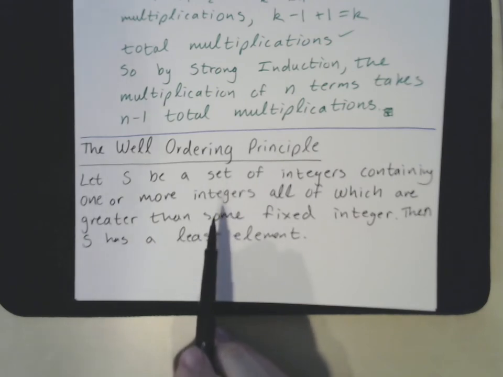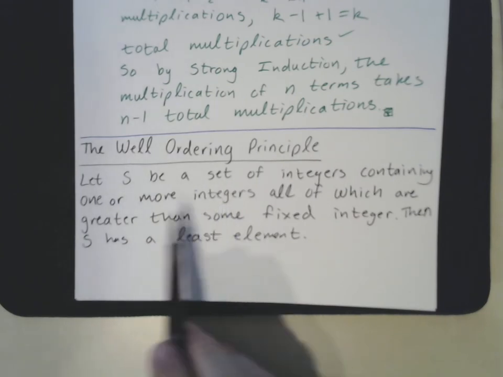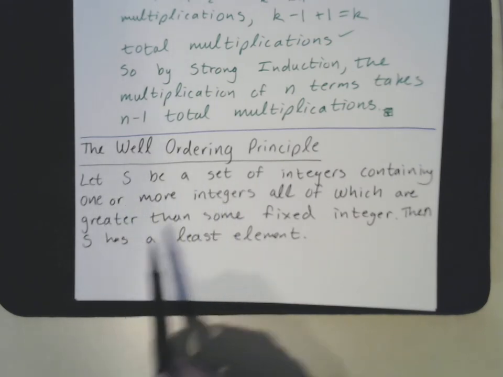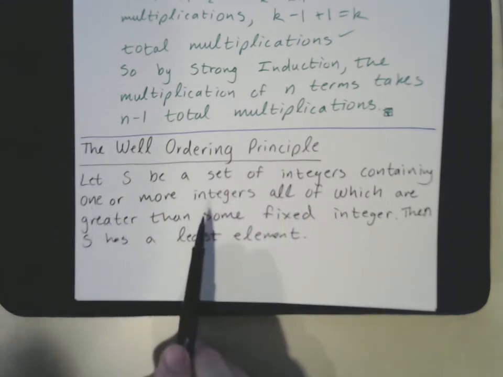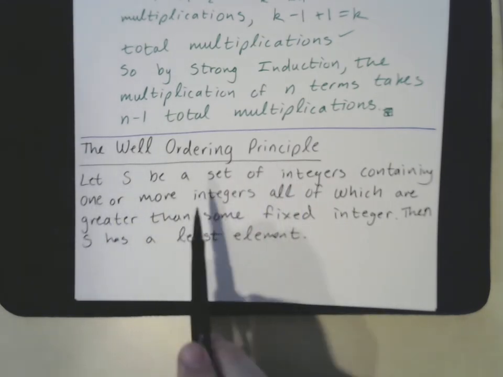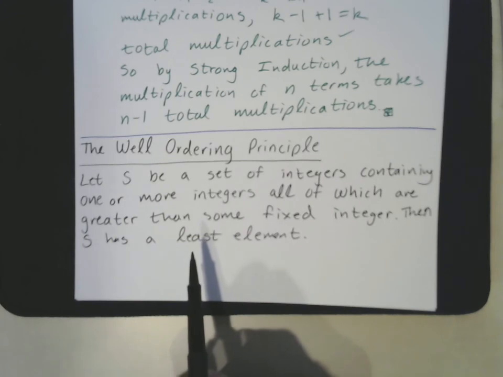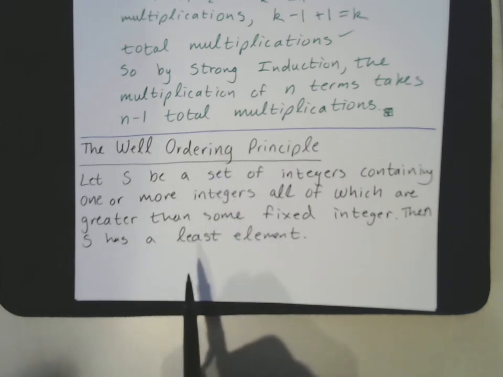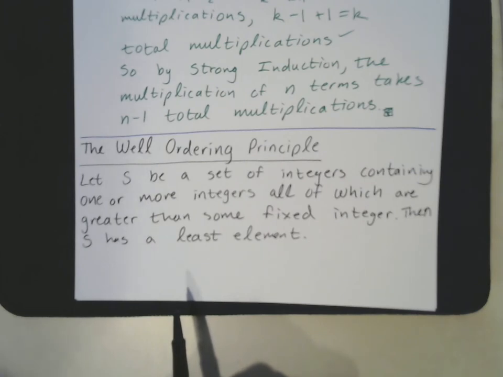So in chapter 6, we'll be talking about sets and set theory. Empty set will come up a lot. So we have to make sure that we don't have the empty set. We need at least one. If there's at least one, then there is a least element, one that is smaller than the rest. And if you're well ordered, that will always be true. If you're not well ordered, well, then you don't have a smallest value. You don't have a least element.